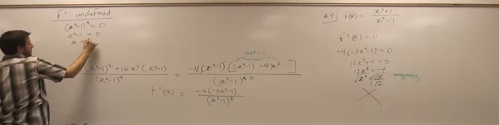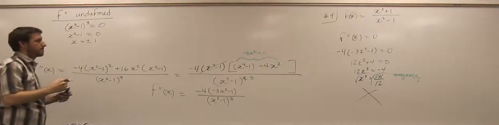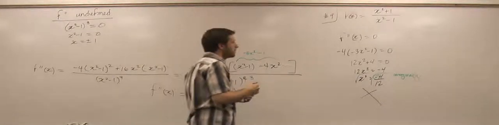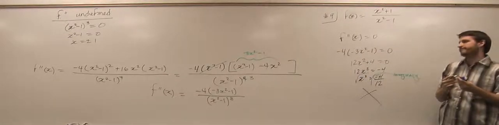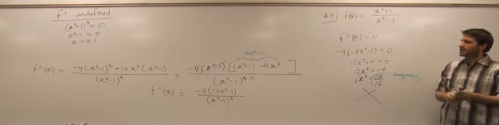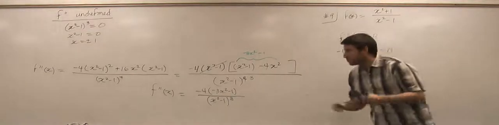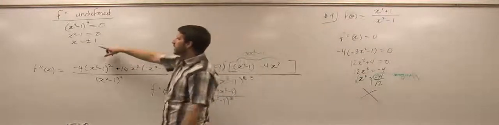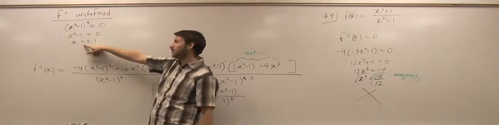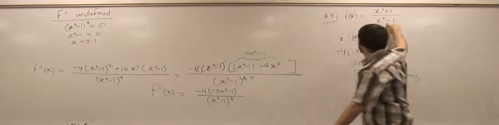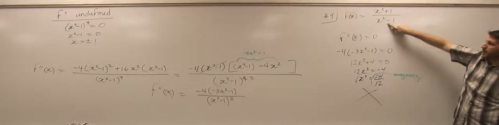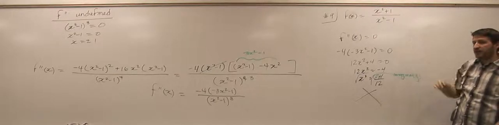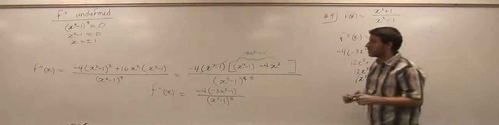So x equals plus or minus 1. These are not, in a technical sense, critical numbers because if you look at the original function, they're going to give you undefined. But as far as testing for concavity goes, we do need to include these.